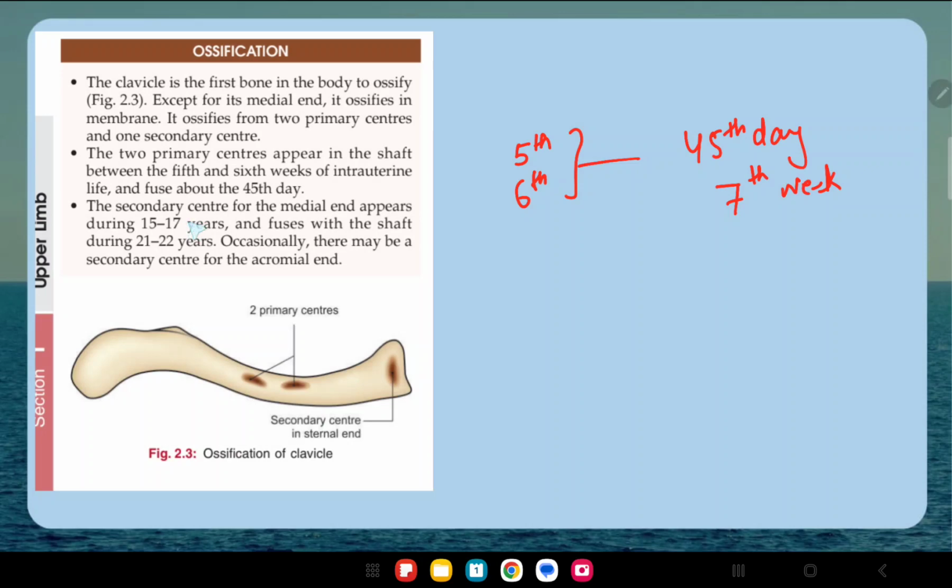So at that moment the secondary center appears, and it fuses with the shaft during 21 to 22 years. I told you the secondary center appears in the ends, like in the epiphysis, like in the humerus. In the clavicle, it only appears at the medial end.